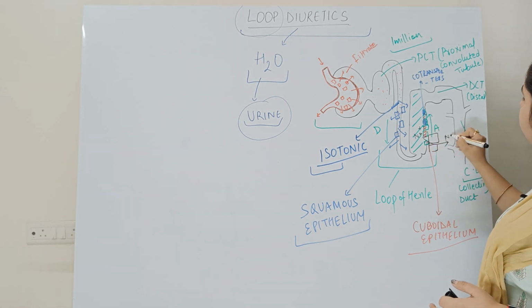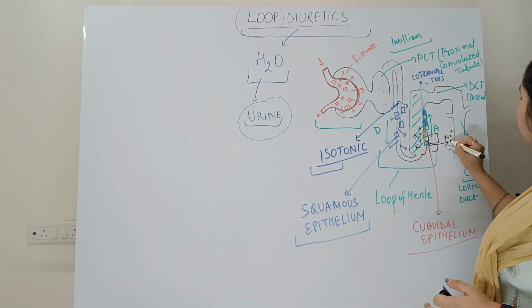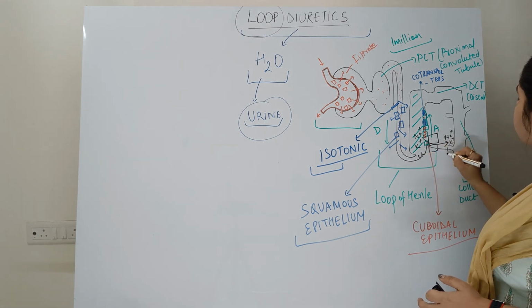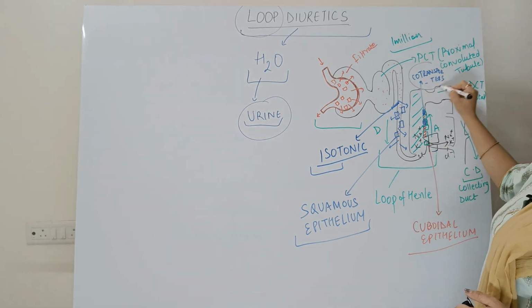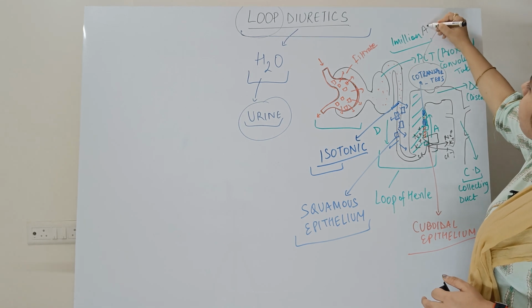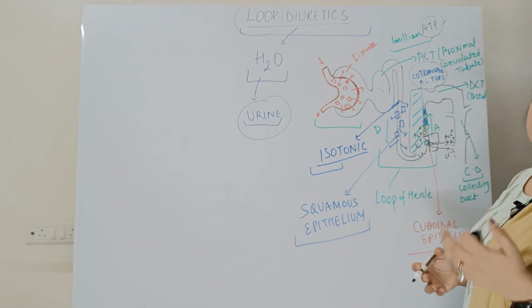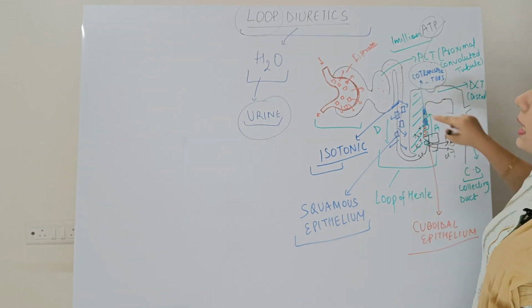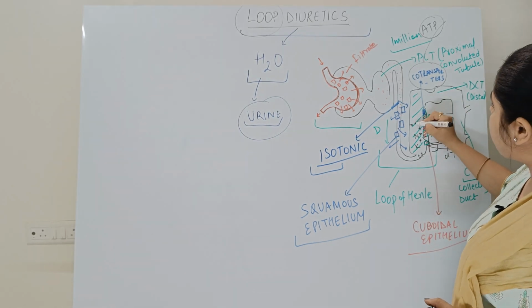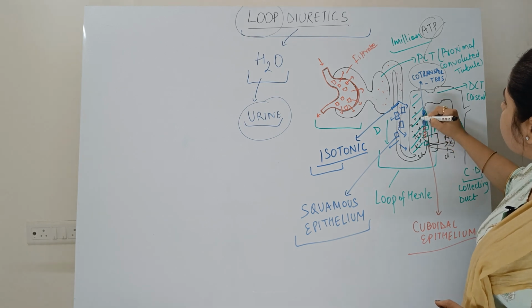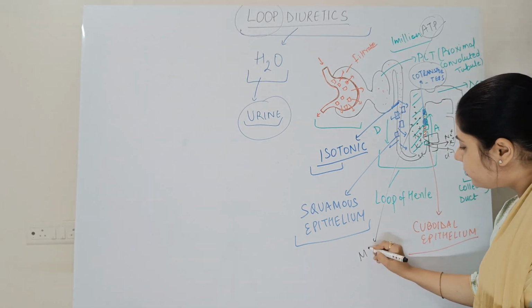So sodium, potassium, chloride, all these ions can easily move out with the help of co-transporters which require energy. So we have ATPase pumps, and how is this energy generated? The thick ascending loop of Henle has a lot of mitochondria. It is rich in mitochondria.